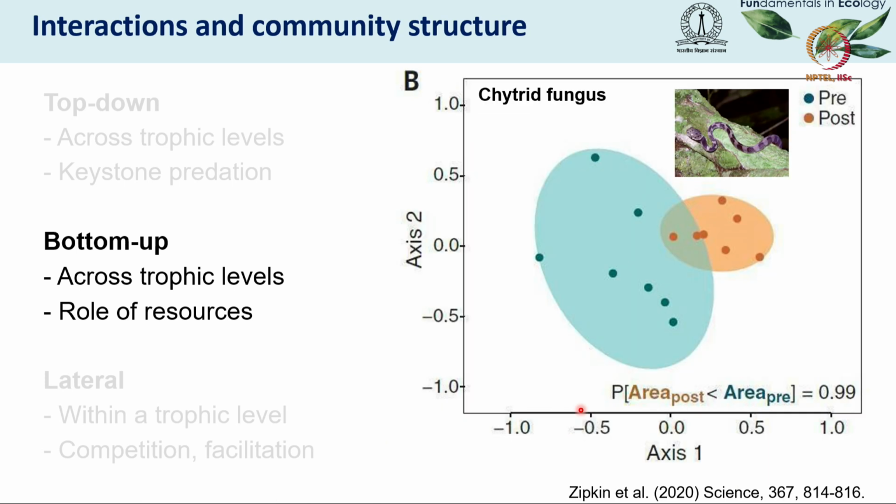And in fact, what happens when this bottom up effect is seen is that the composition of the snake community changes pre and post chytrid fungus. So you've got pre chytrid fungus, the composition of snake communities in this ellipse, and post chytrid fungus, the composition of snake communities in this ellipse. The way to interpret this graphic is that if two communities are close to each other, like these two, then they are composed more similarly.